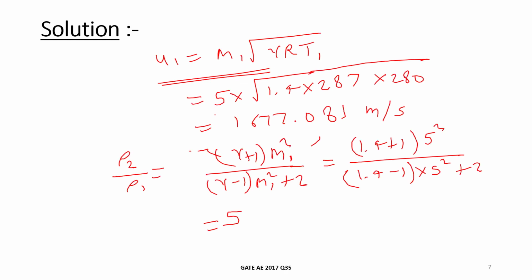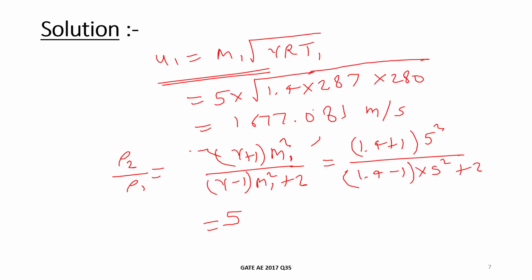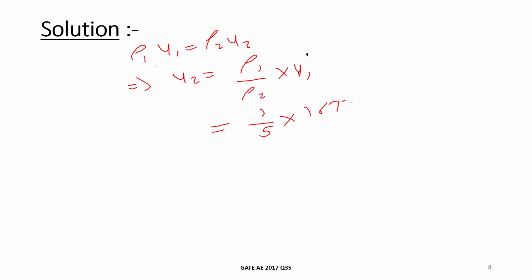So rho 2 by rho 1 is 5, so rho 1 by rho 2 is 1 by 5. u1 is 1677.081. Then we divide it by 5. We will get u2 equal to 335.4162 meter per second.